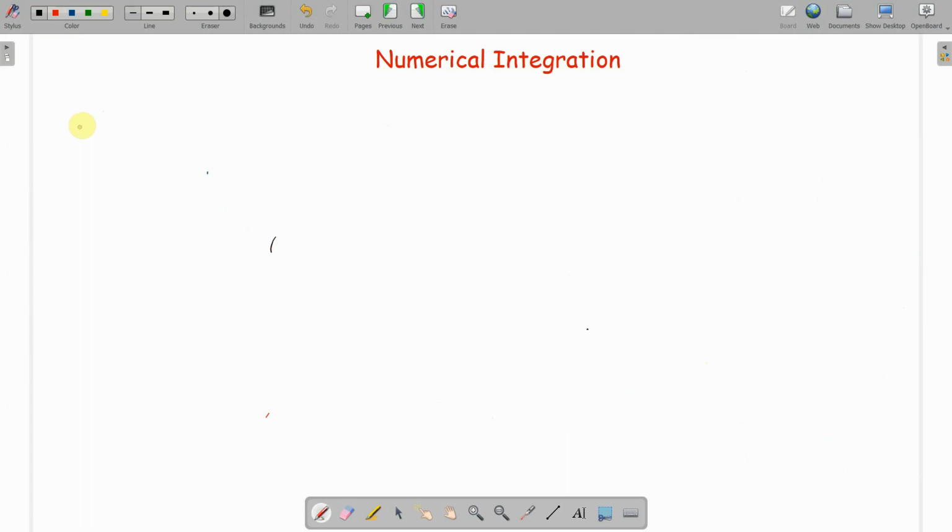So let's consider the definite integral I equals integral from a to b of f(x) dx, where y equals f(x), and it is given as a discrete set of points.